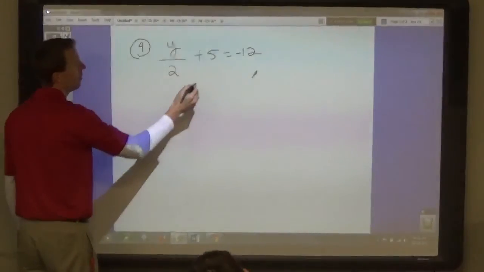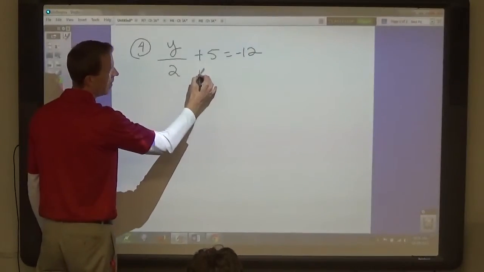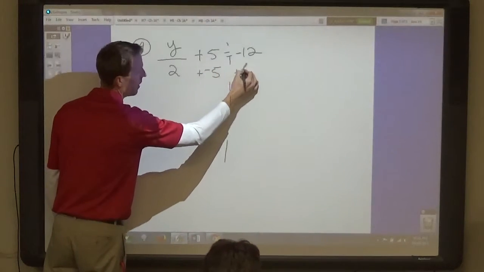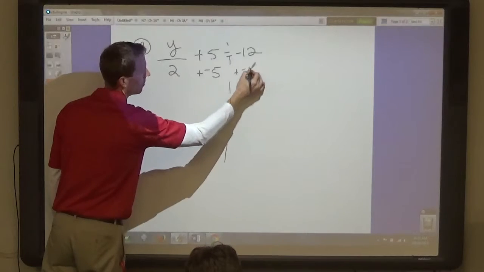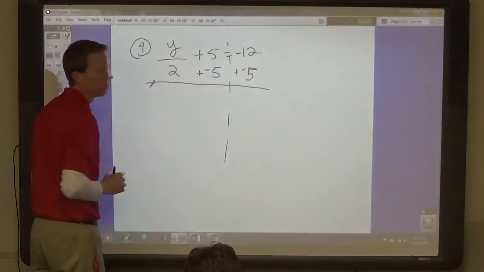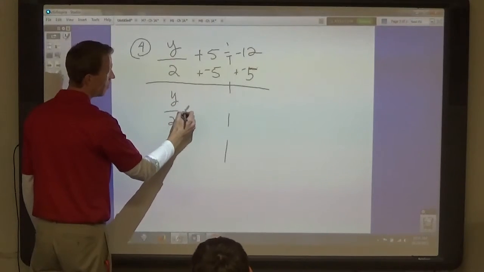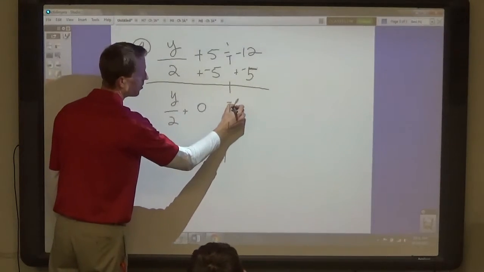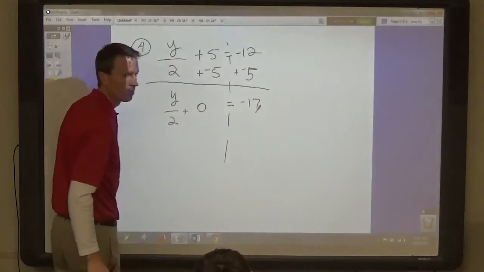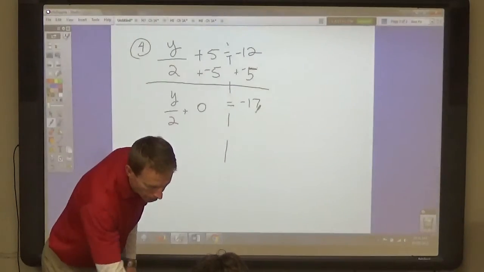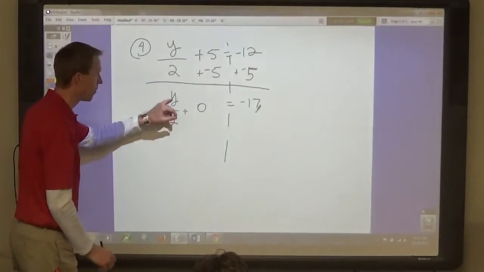Okay, so we have to get rid of the 5 at -5. Then add 5. So y over 2 plus 0 equals -17. Okay? Now we have to get rid of the y over 2.